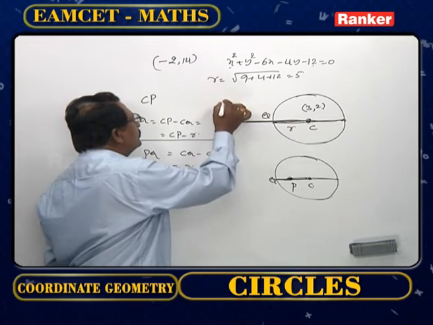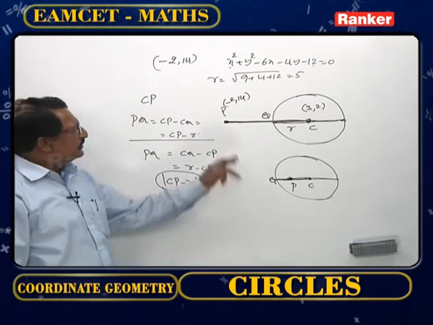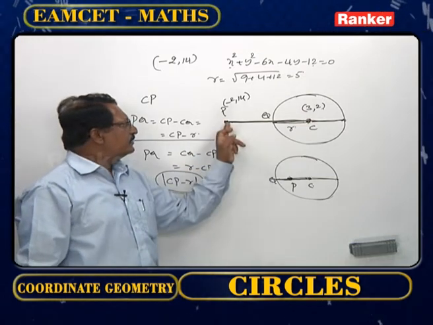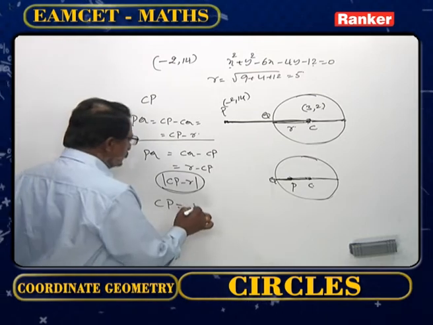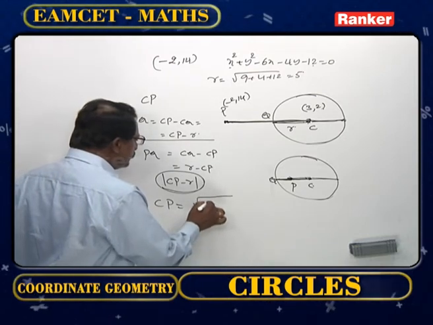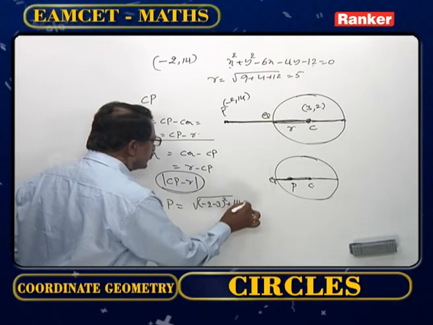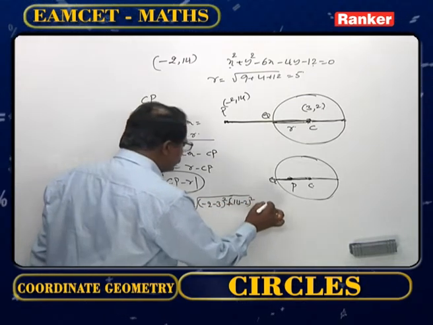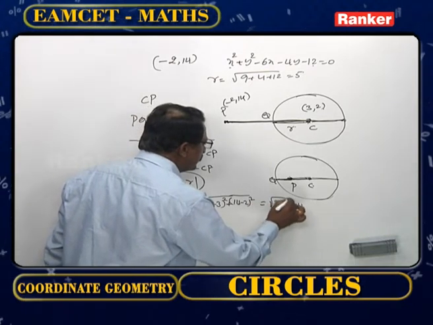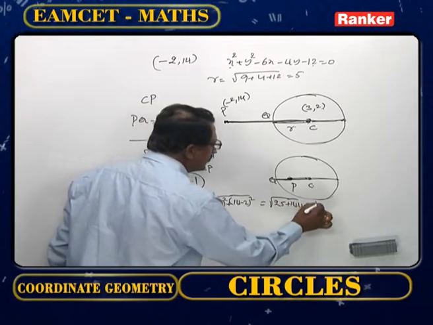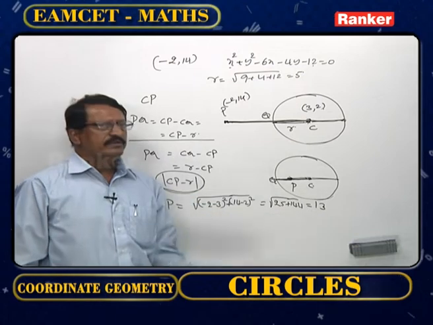Now the given point is P(-2, 14). The distance between the center and the point P, CP, equals square root of (-2 minus 3) whole square plus (14 minus 2) whole square, that equals square root of 25 plus 144, which is root 169 or 13. The distance between the center and the given point is 13 units.